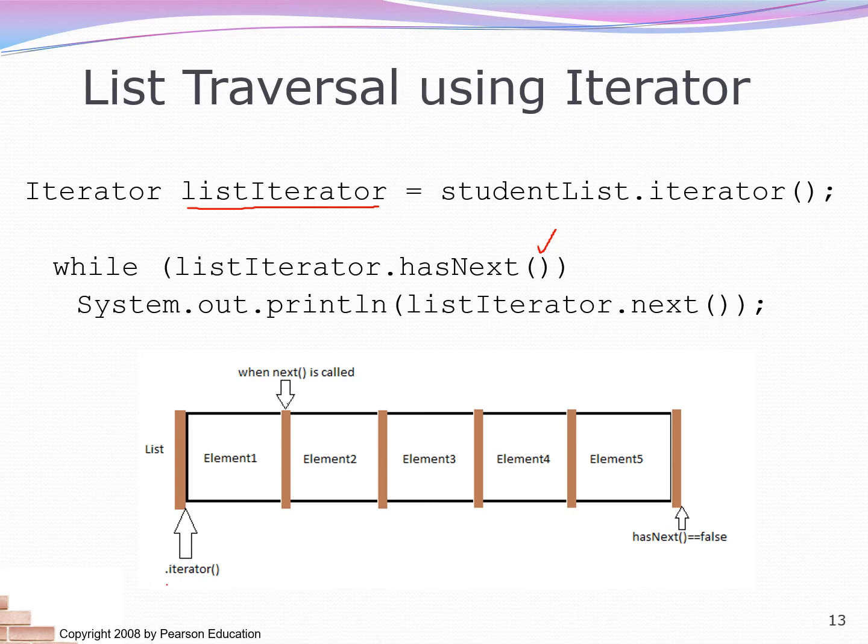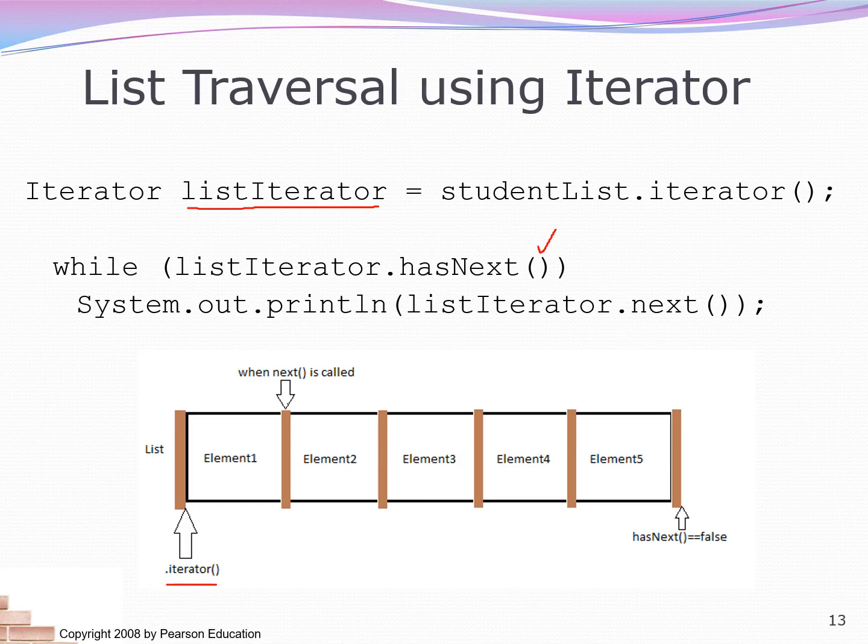So this is dot iterator. When you do dot iterator, you allow the list to be traversed, and it will check from the front. When you use dot next, you print System.out.println list iterator.next.